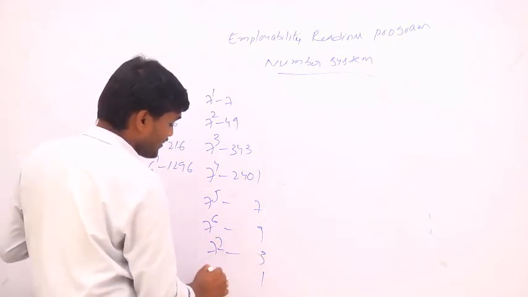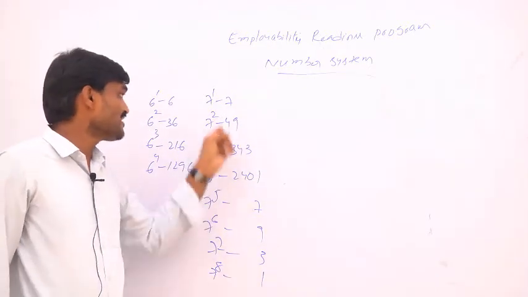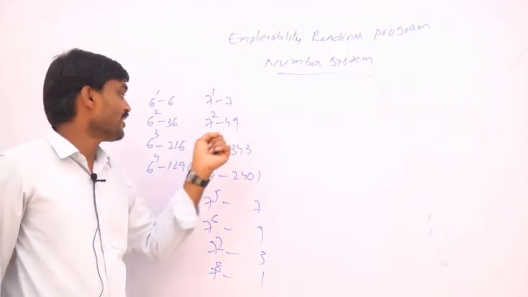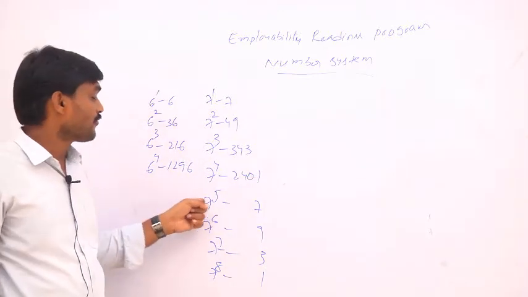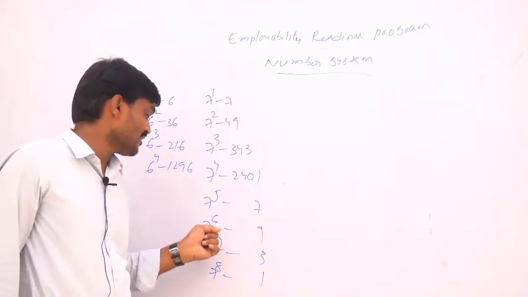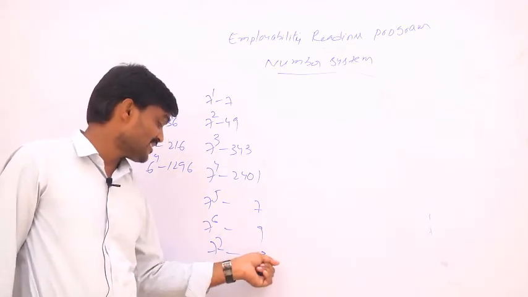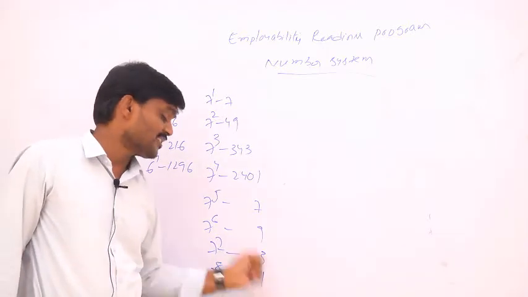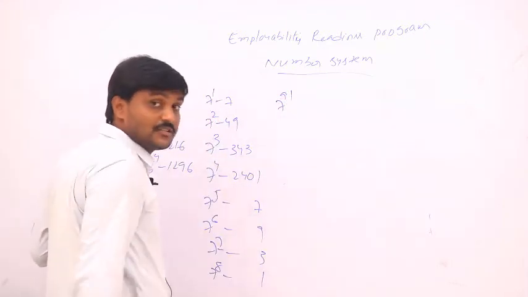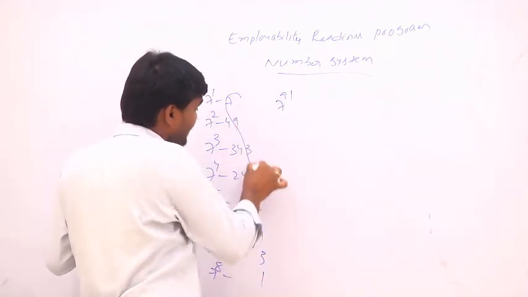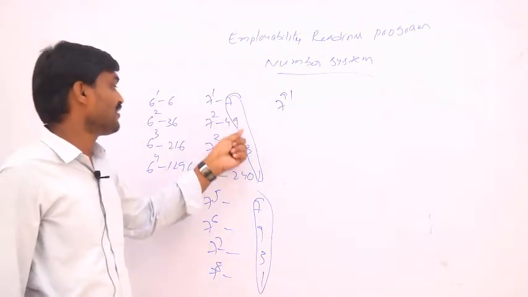The last digit of 7 power 5 is 7, 7 power 6 is 9, 7 power 7 is 3, 7 power 8 is 1. So the unit digits are 7 9 3 1. Suppose you want the unit digit of 7 power 91. How many elements are repeated? 7 9 3 1 are repeated as the cycle.